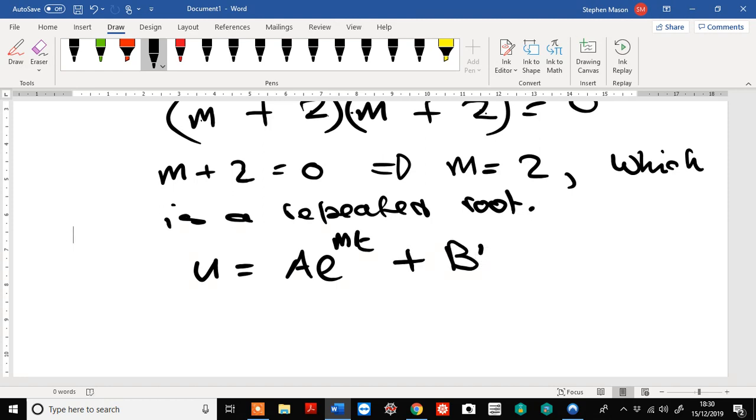Whoops, I keep pressing this button on my pen. I just can't get used to it. Well, we know that m equals -2.